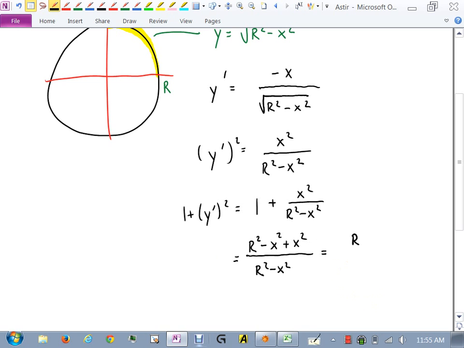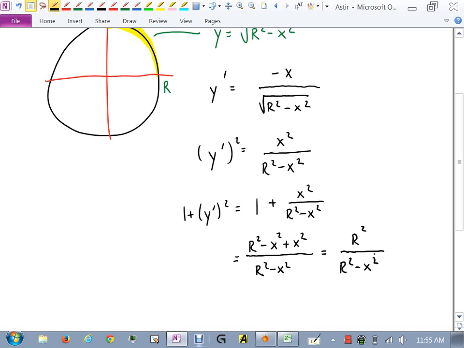R squared over r squared minus x squared. Is everyone all right with that? Derivative, derivative squared, 1 plus the derivative squared. That needs to go underneath the square root, but on the outside of it is the square root of whatever y was.